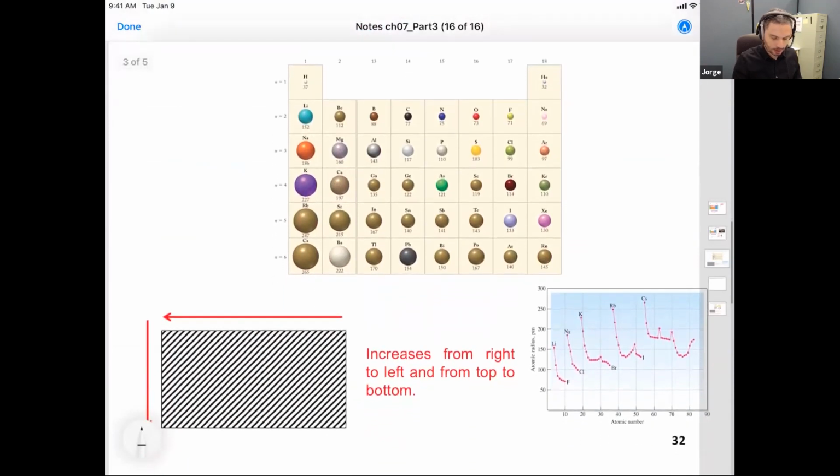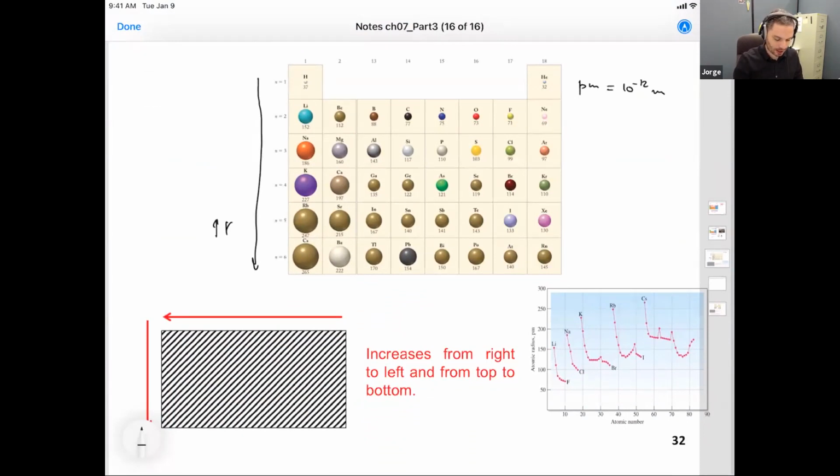Okay, so here I will show you some values for atomic radius for some elements. The unit here is picometers, which is equivalent to 10 to the minus 12 meters. So as you can see here, there is an increase from top to bottom because we are adding extra shells.